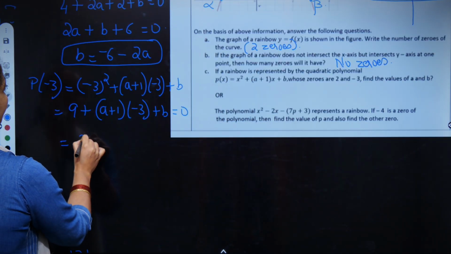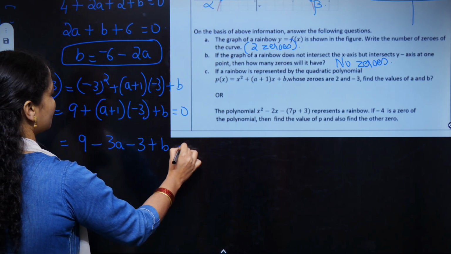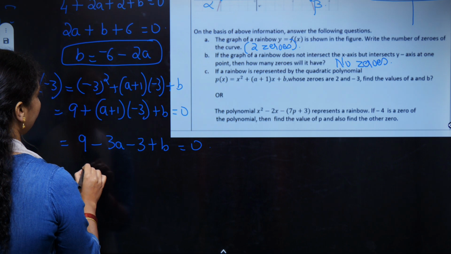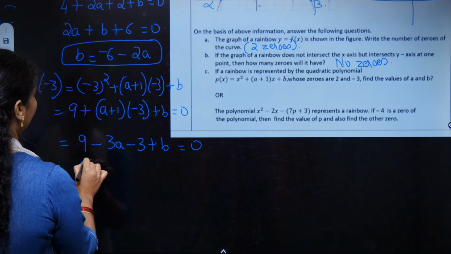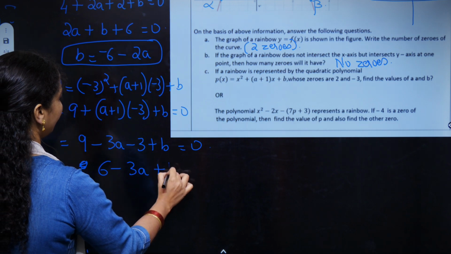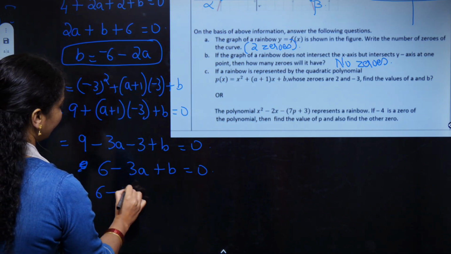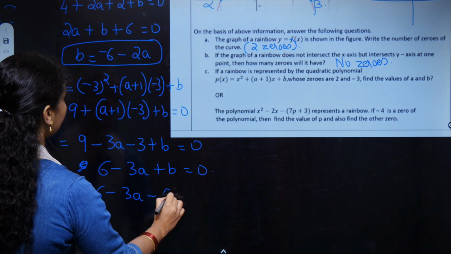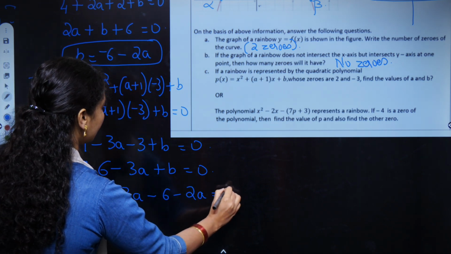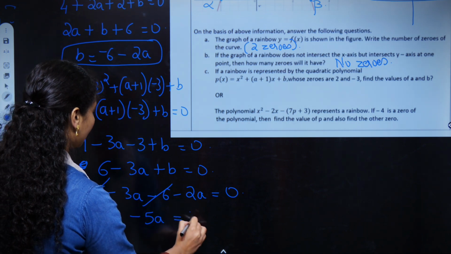This becomes 9 minus 3a minus 3 plus b equal to 0. So 9 minus 3 gives me 6 minus 3a plus b equal to 0. I am substituting the value of b here: 6 minus 3a minus 6 minus 2a equal to 0, so minus 5a is equal to 0.